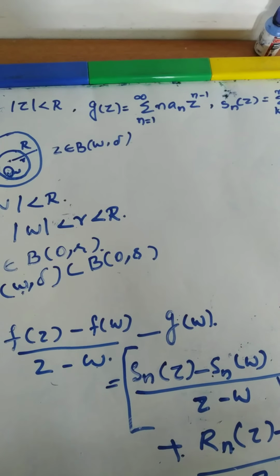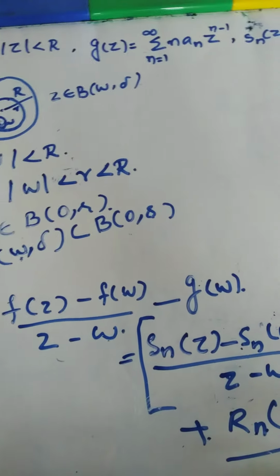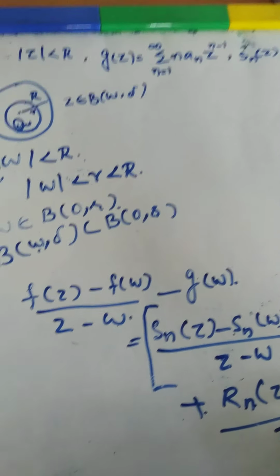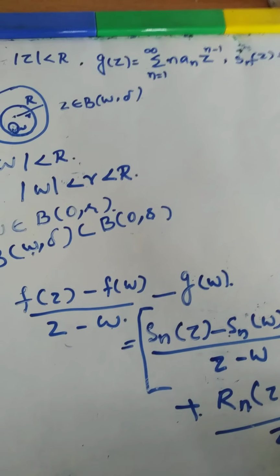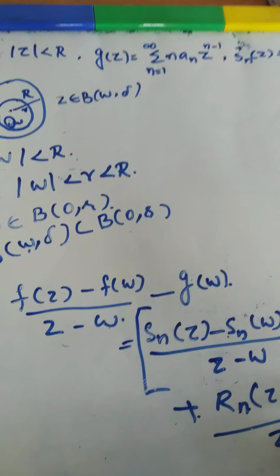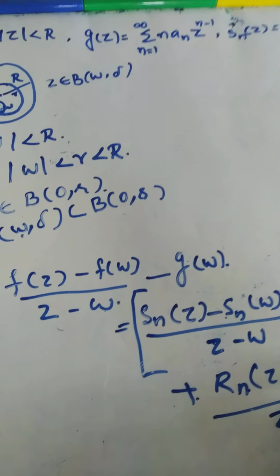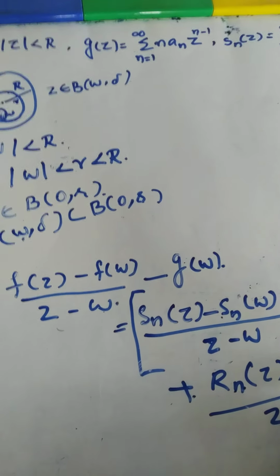How will we show that the limit as z tends to w of f of z minus f of w divided by z minus w equals g of w? Use the limit definition: given epsilon greater than 0, there exists a positive integer.